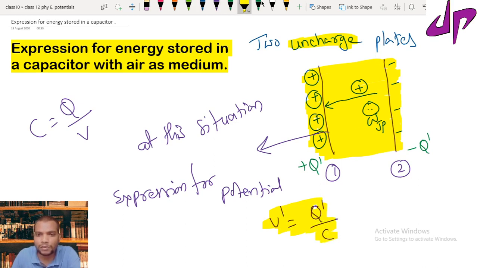Therefore V dash equals Q dash upon C is the expression for potential.